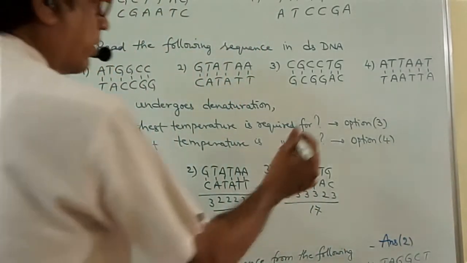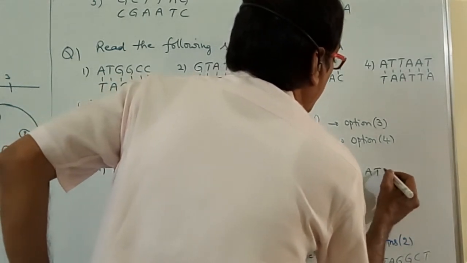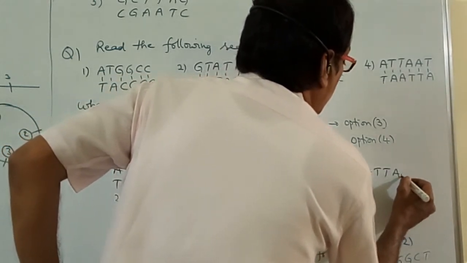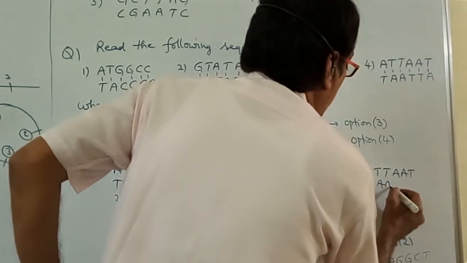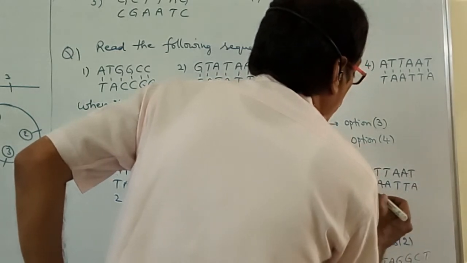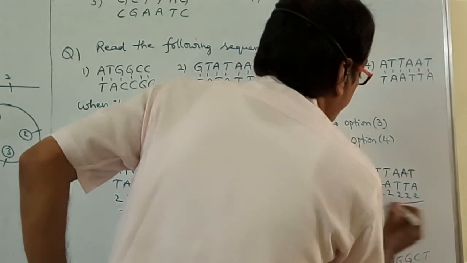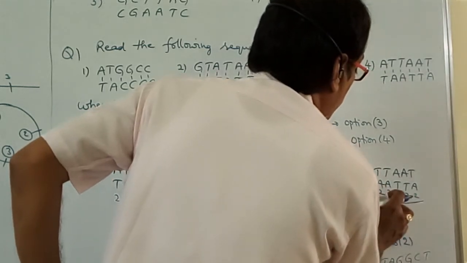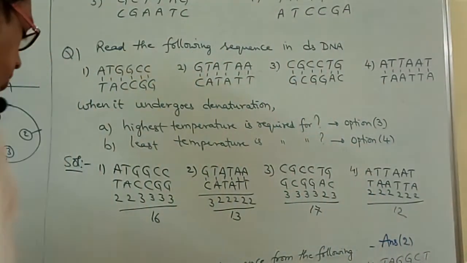And the fourth option, A, T, T, A, T, T, A, T, T, A. 2, 2, 2, 2, 2, 2. 1, 2, 3, 4, 5, 6, 12. 12 hydrogen bonds.